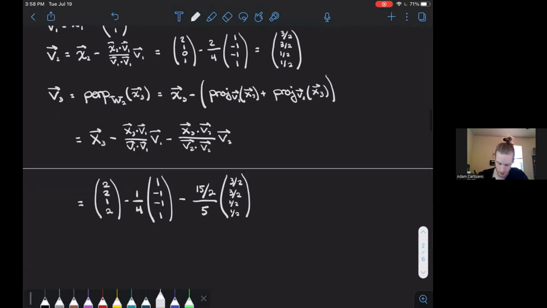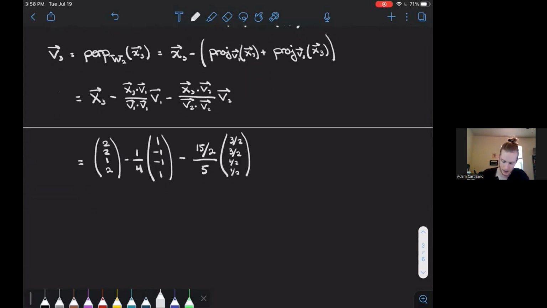And now, let's just do our vector arithmetic. I'm going to write this as a single vector with a bunch of line item arithmetic problems. It's the easiest way I can think of to do this. And we can also clear out some of the fractions. So this will be like 2 minus 1 fourth, and then minus 15 halves divided by 5 times 3 halves. That's just 3 halves times 3 halves. So minus 9 fourths.